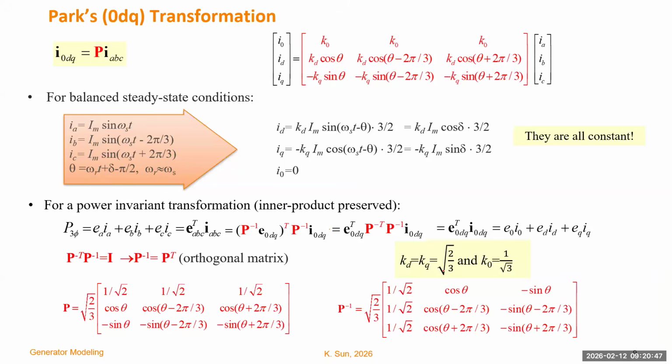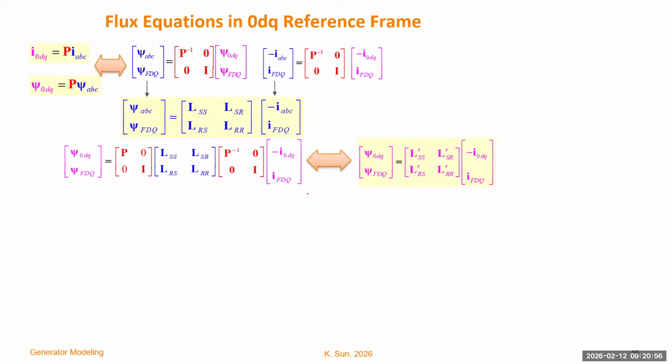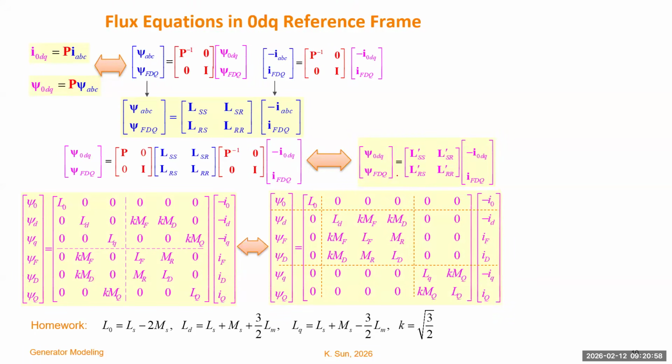So K is related to those values. And later when we derive the inductance in the transformed circuit, K here is square root of 3 halves.